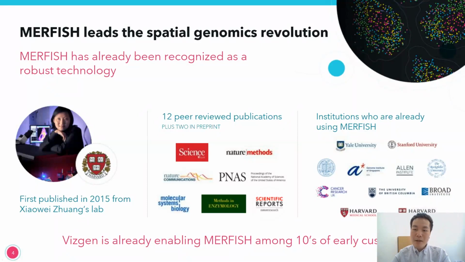And actually, spatially resolved transcriptomics was selected as method of the year in 2020 by Nature Methods, and MERFISH was featured there. It really highlights the excitement it has already generated so far. So furthermore, around the world, there are already many institutions who are adopting MERFISH either independently or through participation in Vizgen's Early Access Program. This includes 10 more institutions, not even listed on this slide.